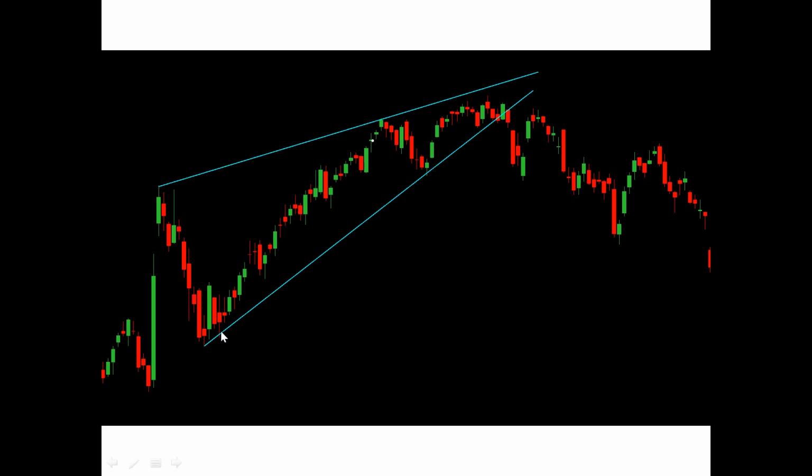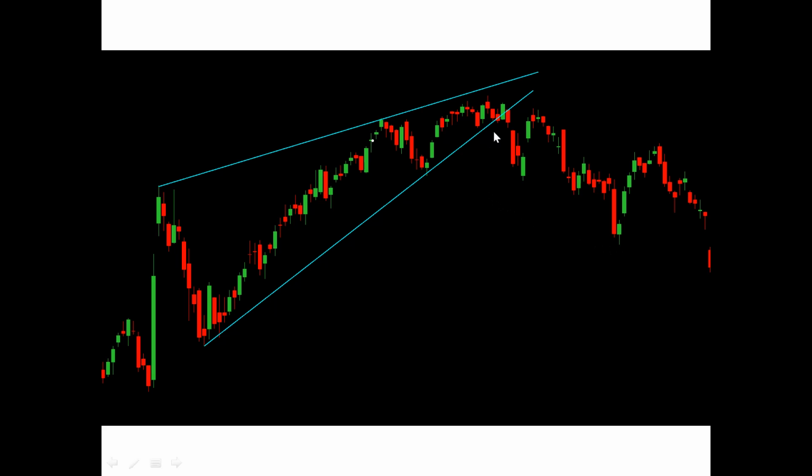You see this is a rising wedge, so the slope of this trend line is steeper compared to the slope of this trend line, and it was an uptrend. The price was in the uptrend. So when the price breaks this trend line, we have a huge downfall here.